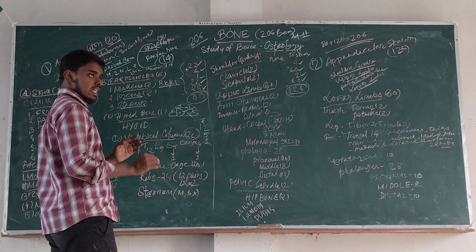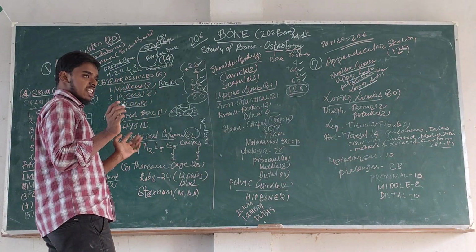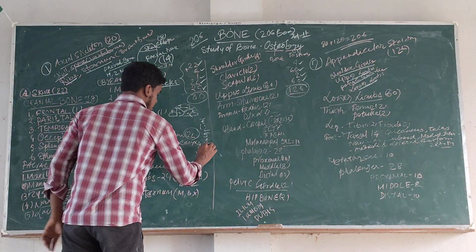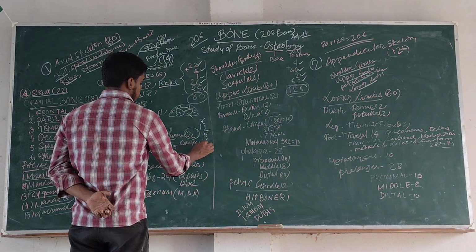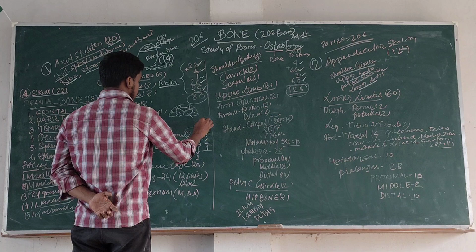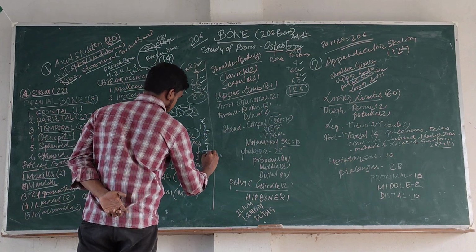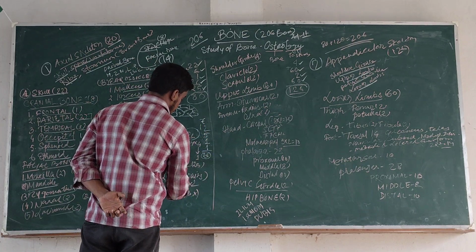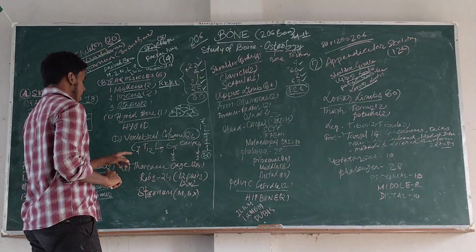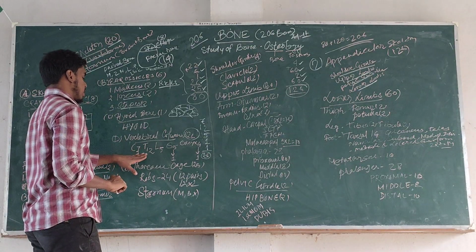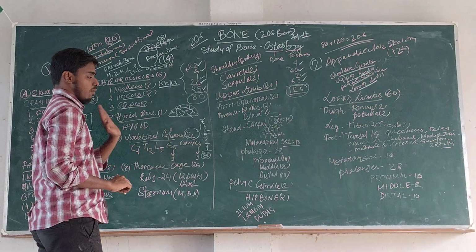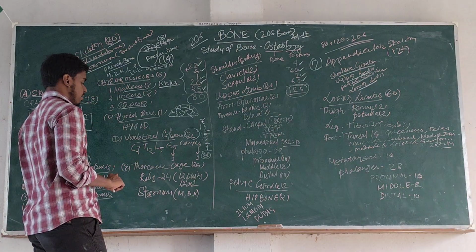Then the coccyx, which is 4 in number, but it is fused to 1, that's why we will count only 1. And the total is 7, 12, 5, 1, 1, that is 26 total. And these are the vertebral bones or the vertebral column C7, T12, L5, S5, C4. These are the numbers you may remember.